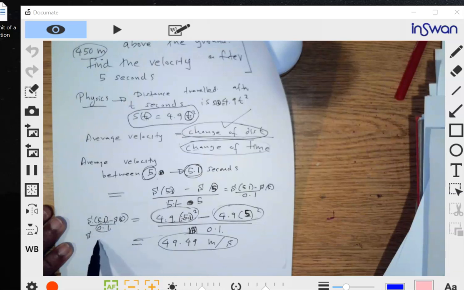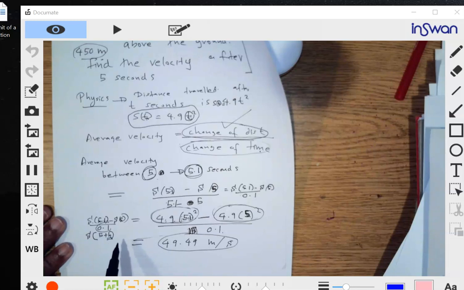So we can do it for a small change of time. Instead of putting 5.1, we can put 5 plus a small change h, minus the original time 5.